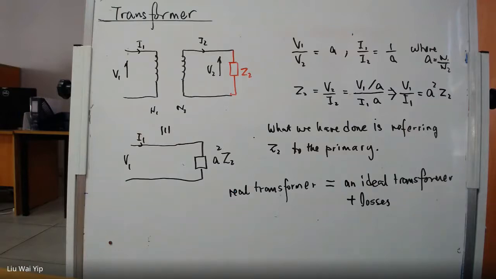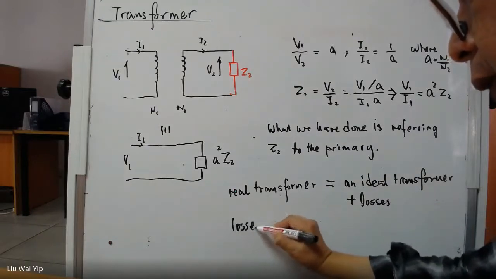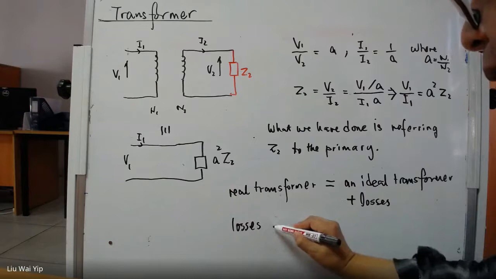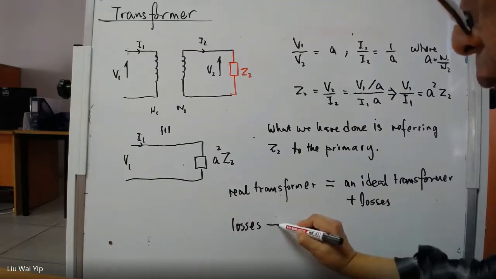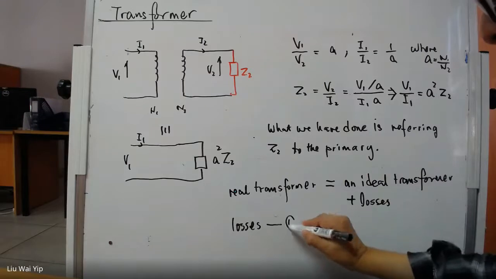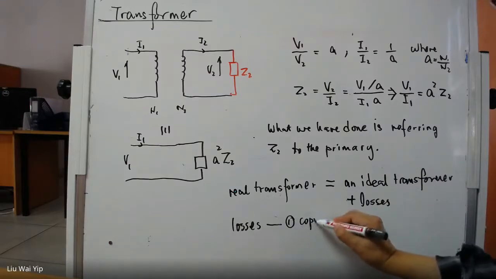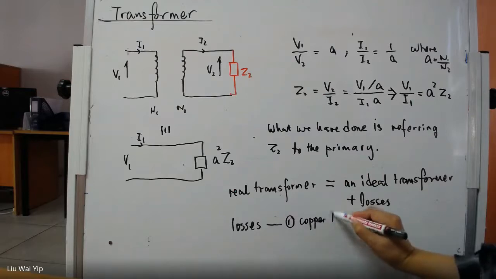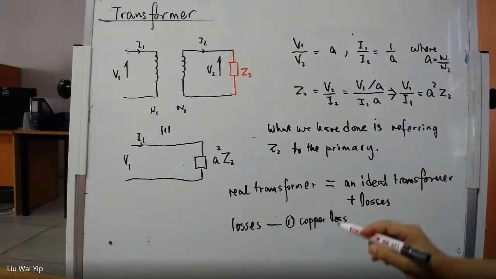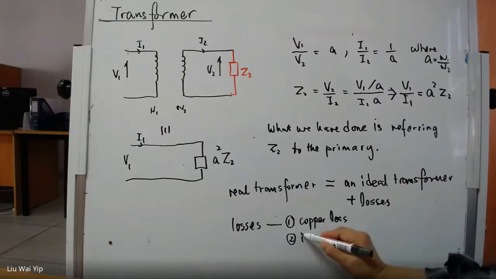And what losses are we talking about? The losses here include one, copper loss, and two, iron loss.